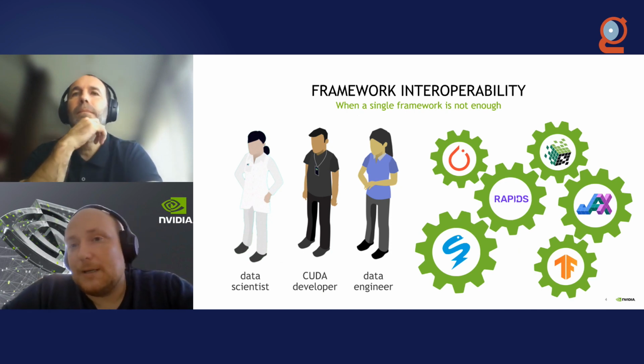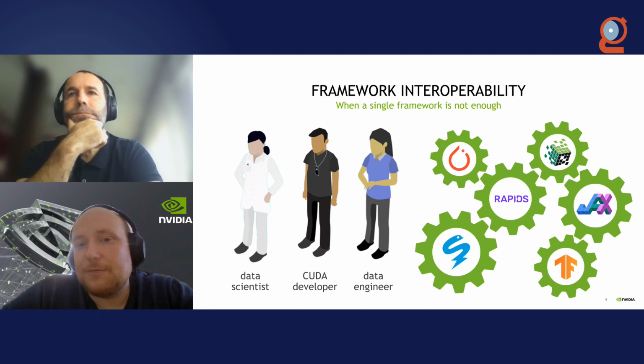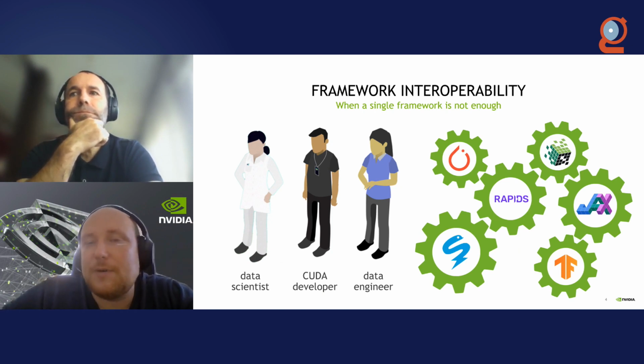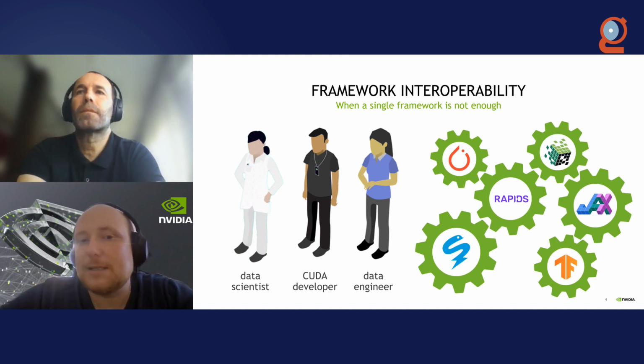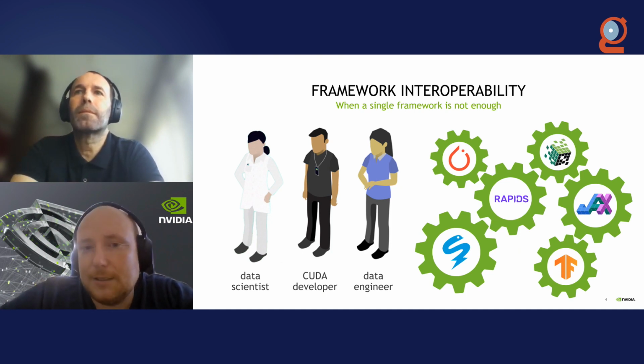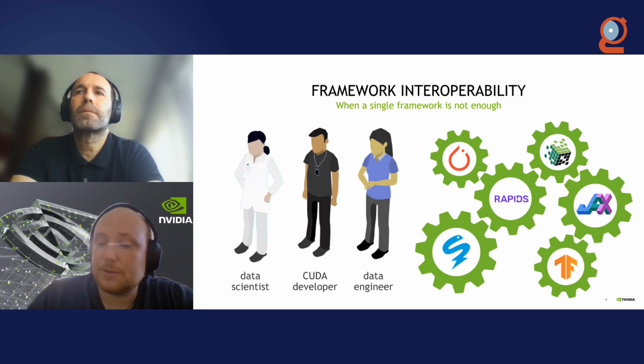Finally, you could be someone who's working with just-in-time compilation frameworks, such as JAX on the right. So all these frameworks have a good reason to exist, and they excel at certain strengths, and they might have some disadvantages. And therefore, on the left, these people might choose different frameworks, but that means that they are forced to interoperate between those frameworks.